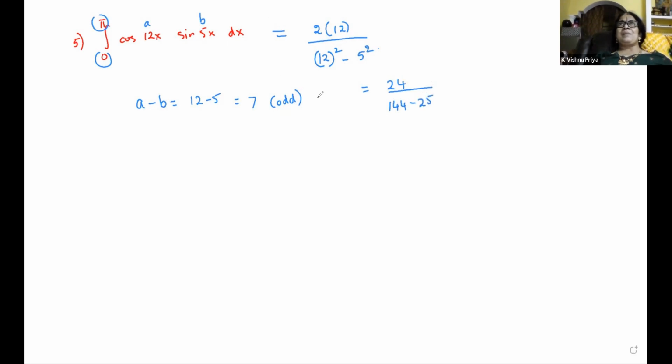This is an easy number. That's why I'm not using A plus B into A minus B. Directly I'm doing it. 14 minus 5, 9. 3 minus 2, 1. And then 1. So I got 24 by 119.